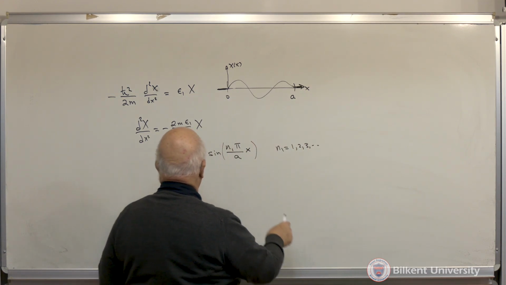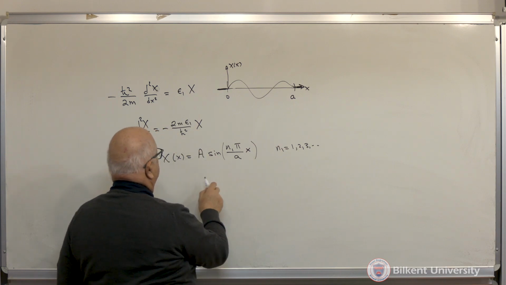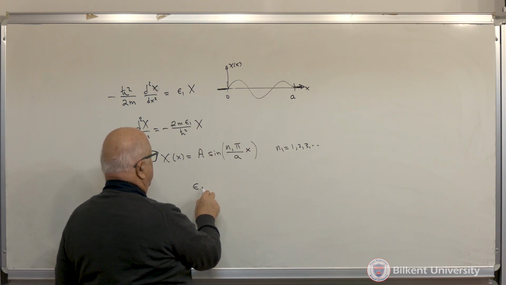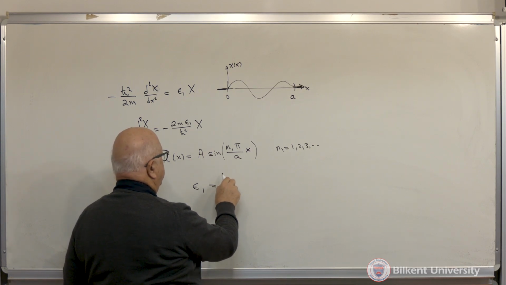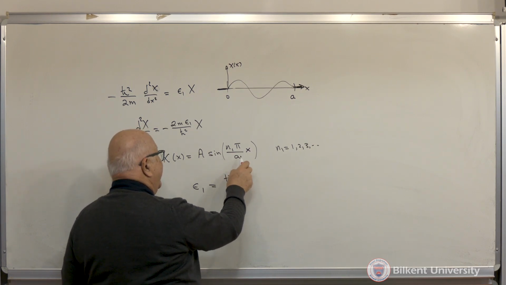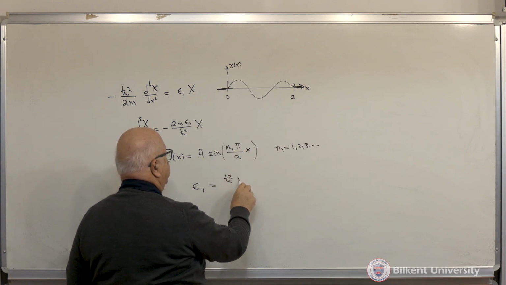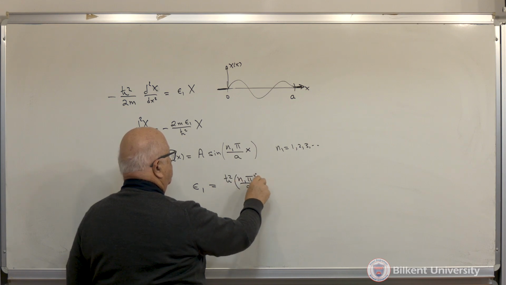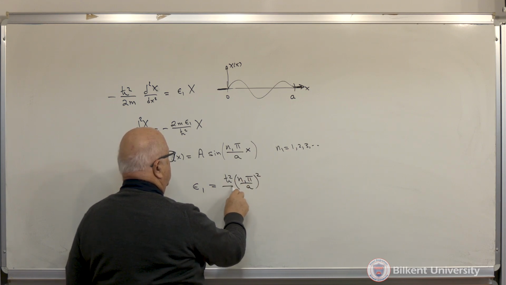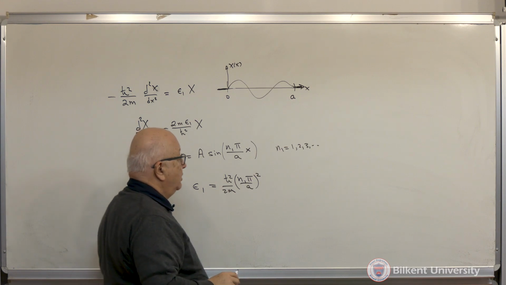Okay, so I have something like this, and the corresponding E1 is going to be h bar squared k squared, which is this quantity, n1 pi over a squared over 2m.